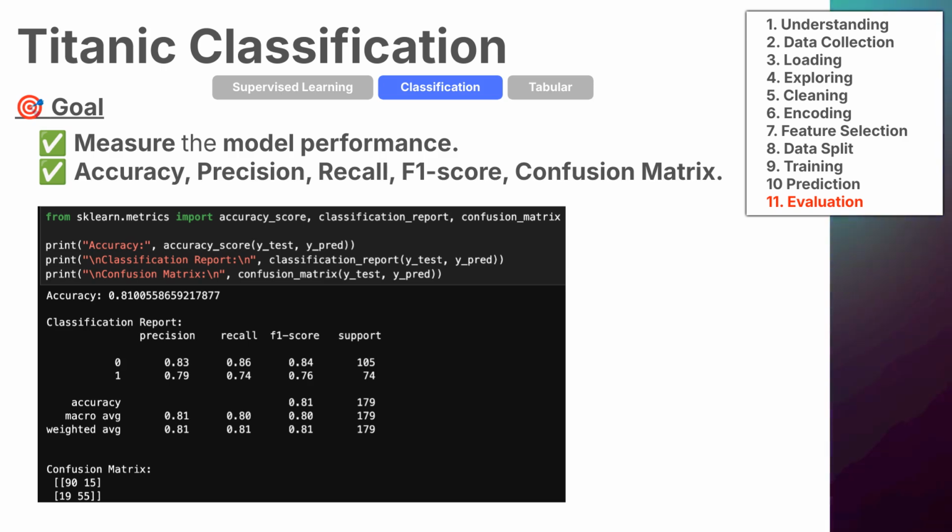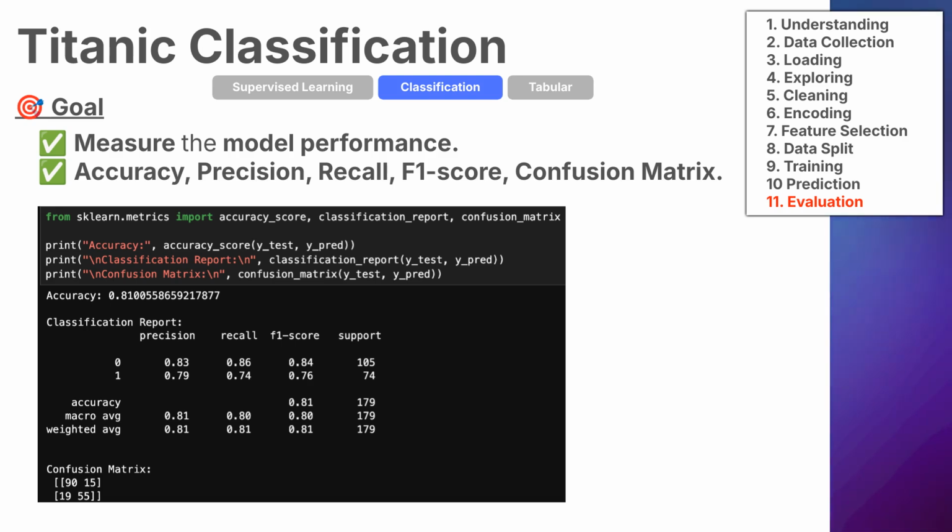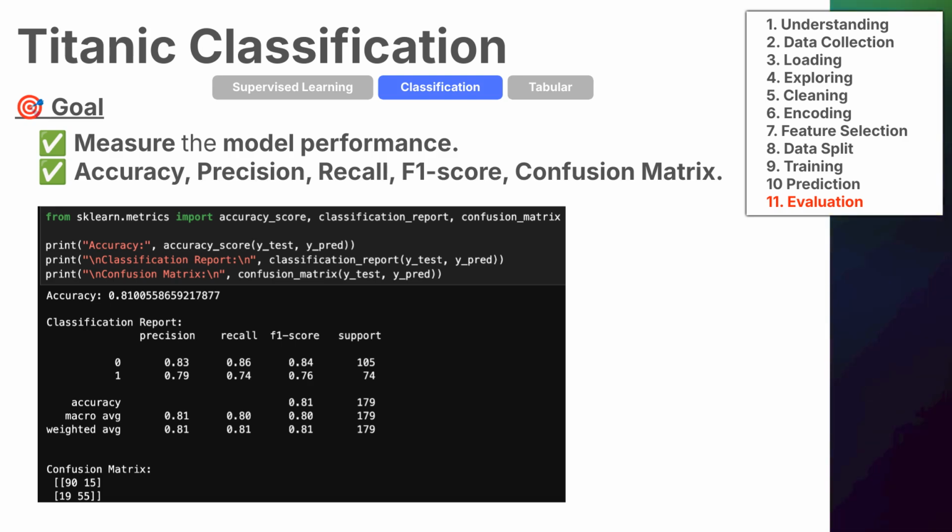The classification report provides precision, recall, and F1 score for each class. Precision measures, out of the predicted survivors, how many were correct. Recall measures, out of all actual survivors, how many did the model catch. F1 score tells the balance between precision and recall.